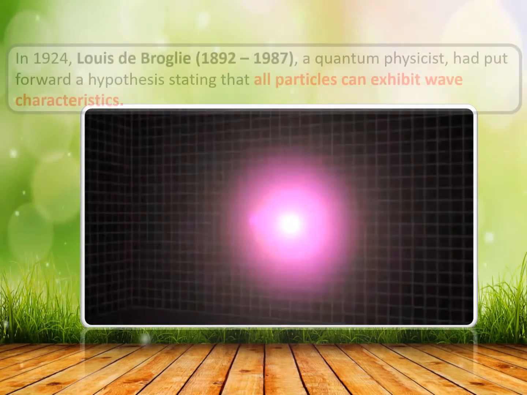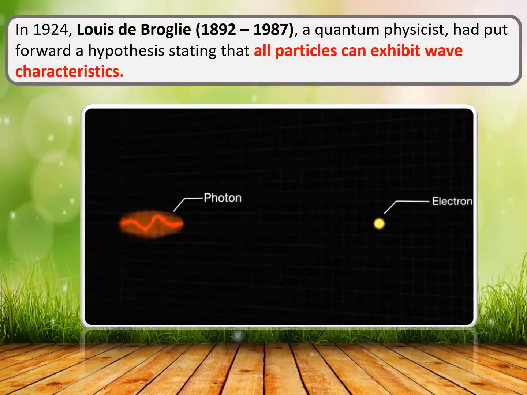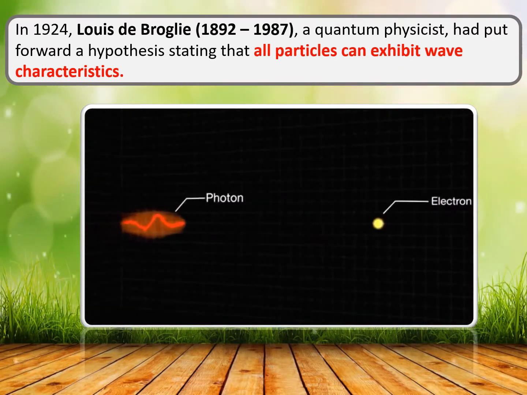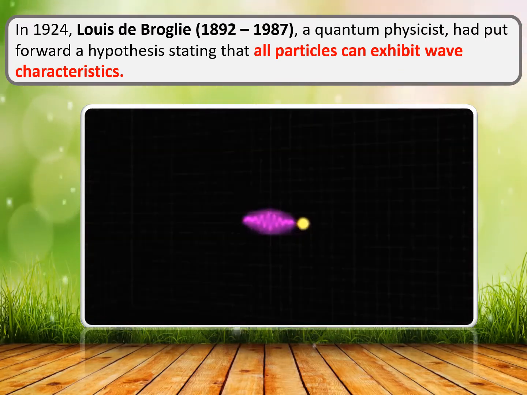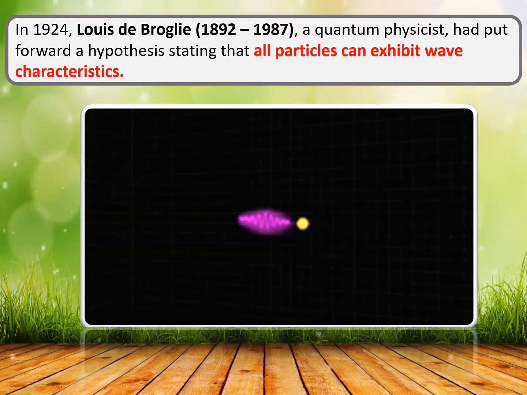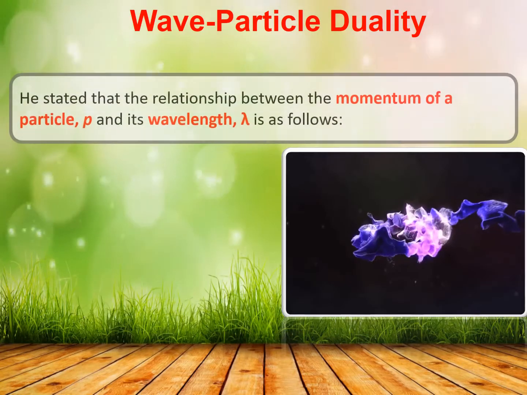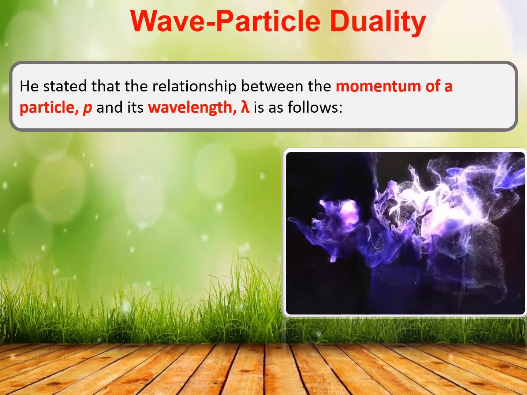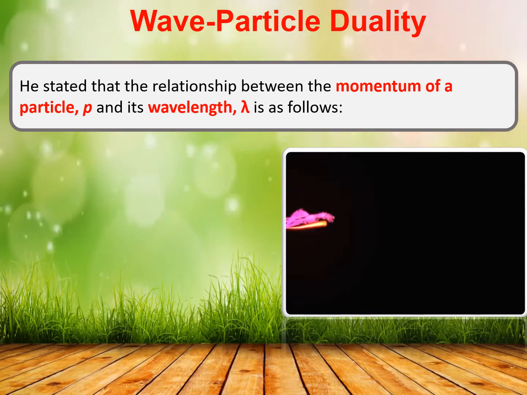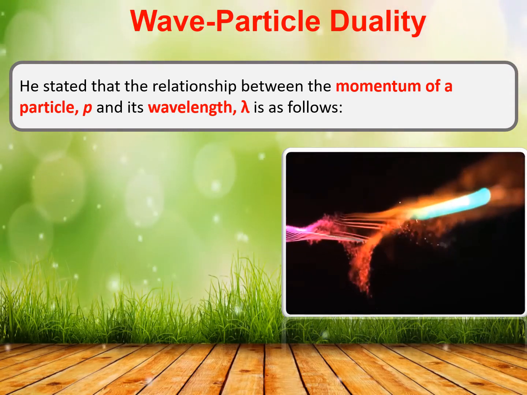In 1924, Louis de Broglie, a quantum physicist, put forward a hypothesis stating that all particles can exhibit wave characteristics. He stated that the relationship between the momentum of a particle and its wavelength is as follows.